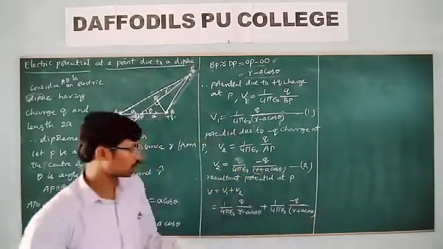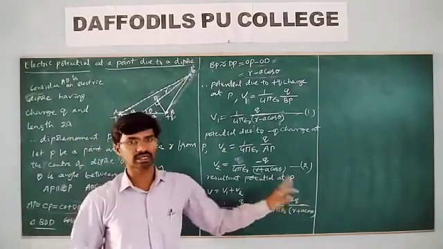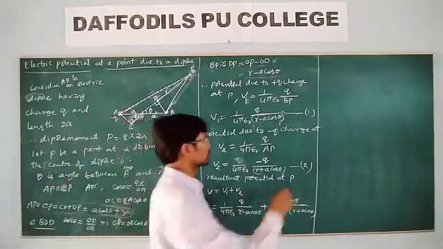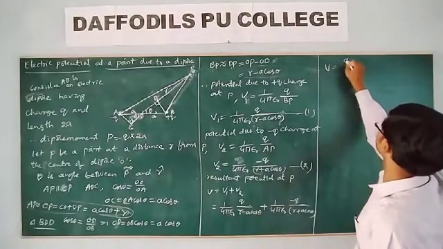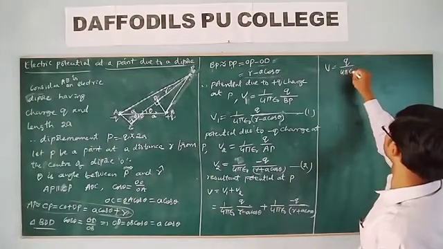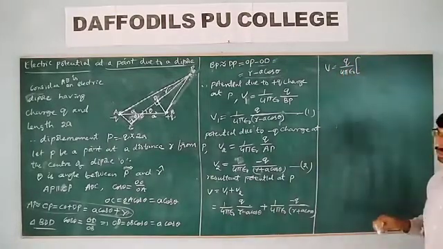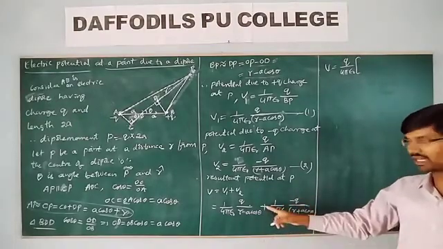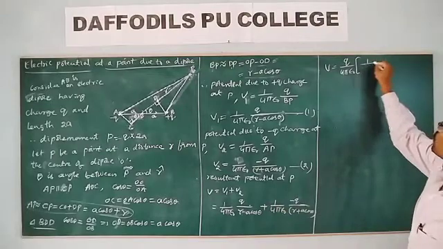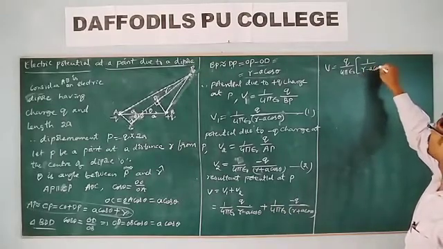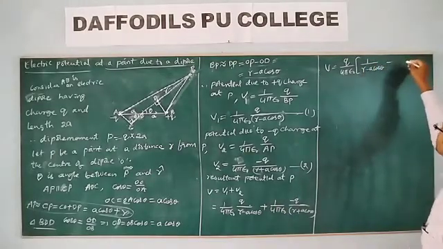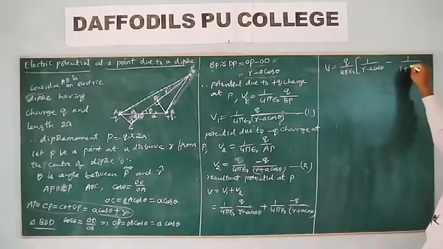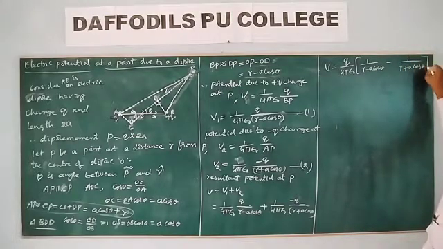Now what can you take common? 1 by 4 pi epsilon naught into Q can be taken common. Then V is equal to Q by 4 pi epsilon naught into 1 by R minus a cos theta minus 1 by R plus a cos theta.